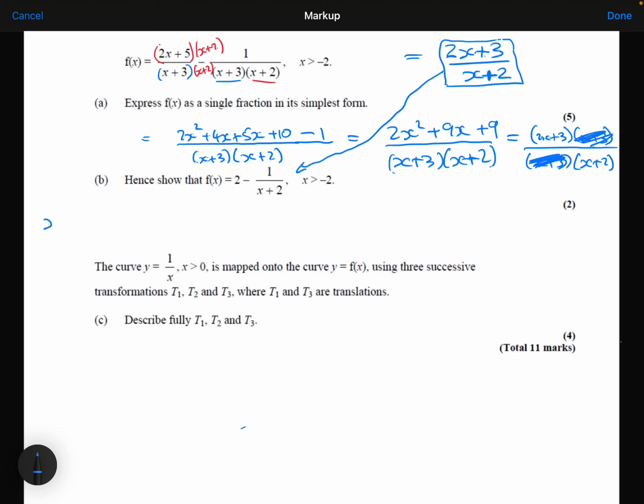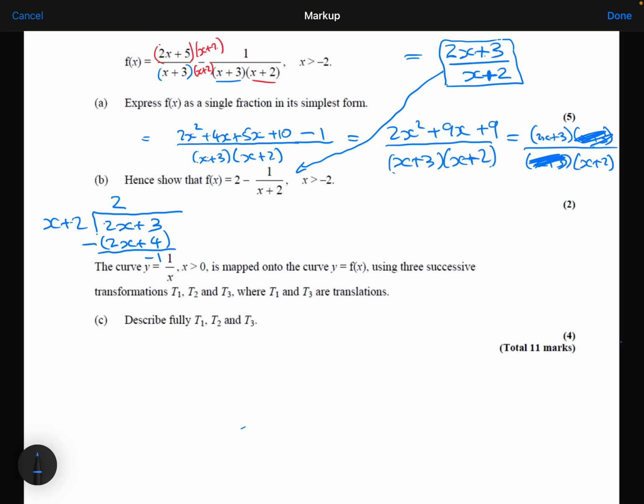So if I do x plus 2 into 2x plus 3, the x goes into the 2x 2 times, then multiplying back out, so the 2 times the x is 2x, the 2 times the 2 is 4, taking that away, the 2x minus 2x is 0, the 3 minus 4 is minus 1.